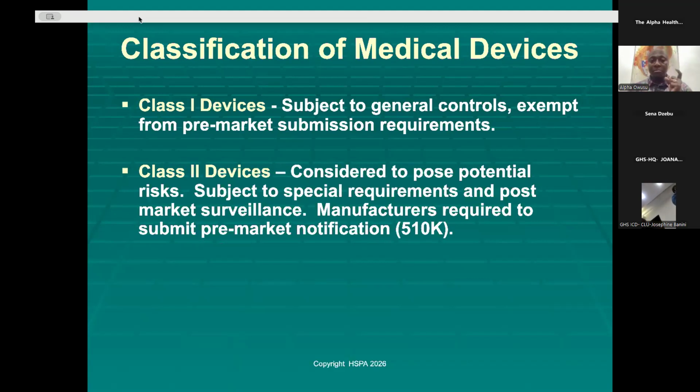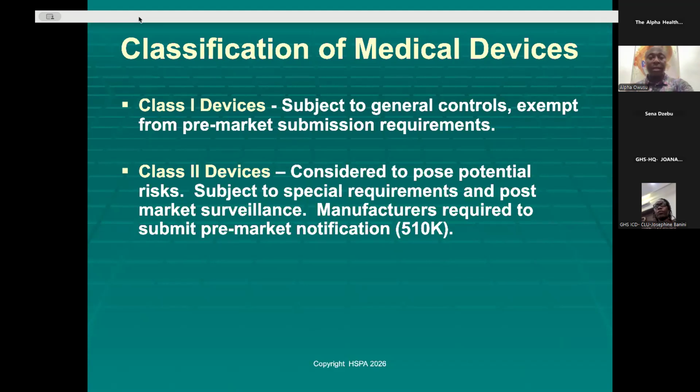Now, medical devices, the class 2 devices, they need it, right? Because they are a potential risk. When you use them, it can lead to infection. Hence, you need market surveillance and you need pre-market notification. In this classification of FDA, for you to put this through, it is called 510K.